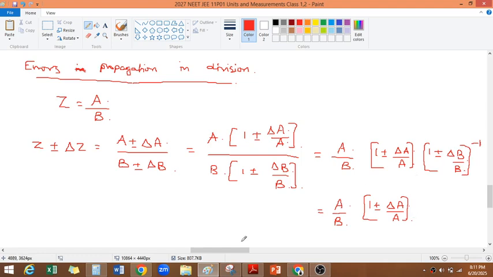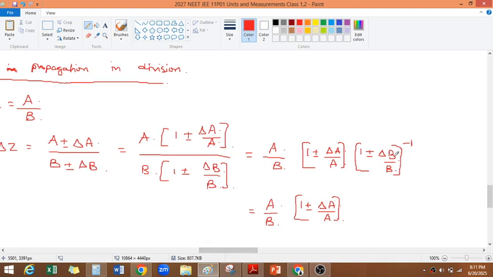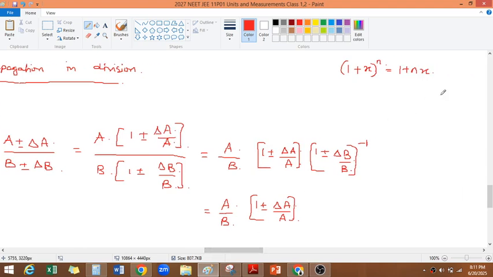And there is something called binomial approximation, right? So when you have 1 plus or minus x, for example 1 plus x power n, and the x is very small compared to 1, you can write this as 1 plus nx, okay, because the higher order terms we will ignore.